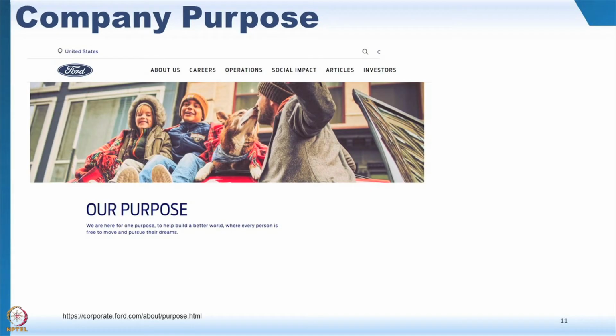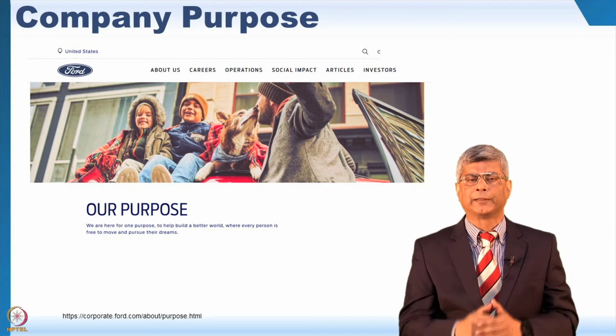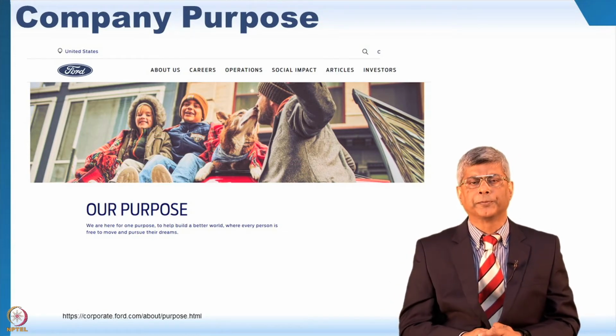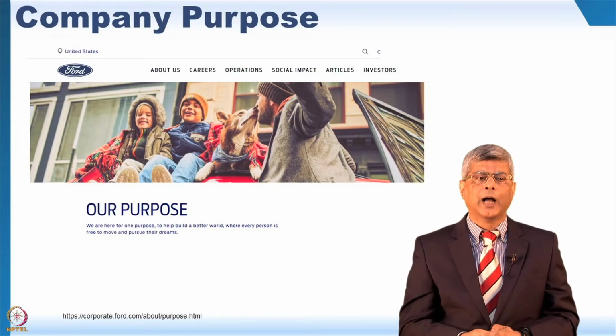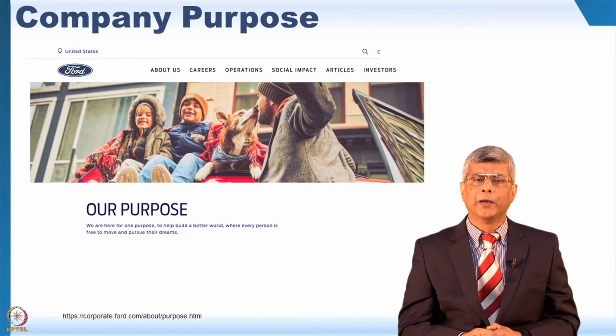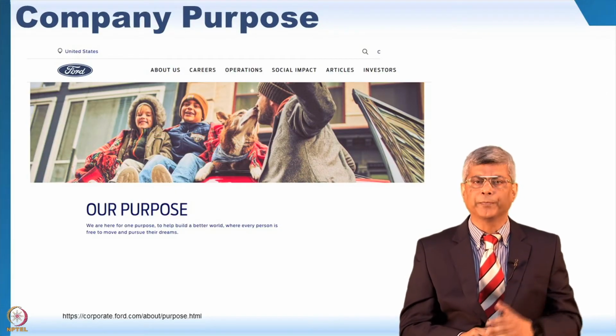Let's now look at a global company, Ford. One of the earliest manufacturers, most famous and largest global companies in the automotive space. And look at their purpose. If you look at the screen, you can read it. We are here for one purpose, to help build a better world where every person is free to move and pursue their dreams.